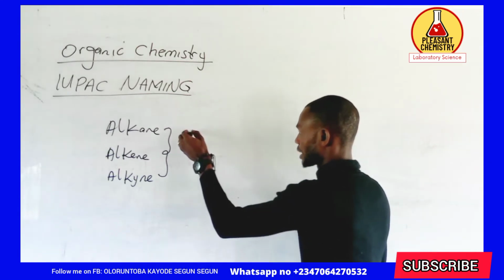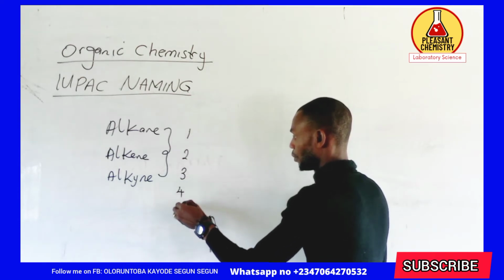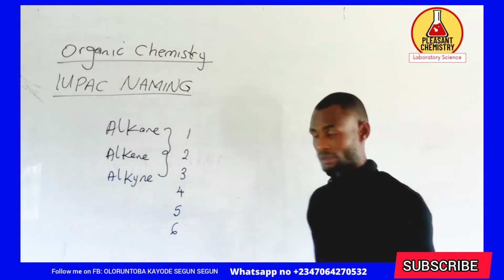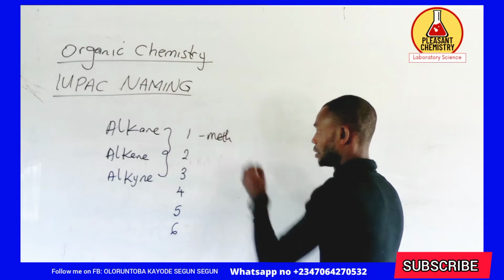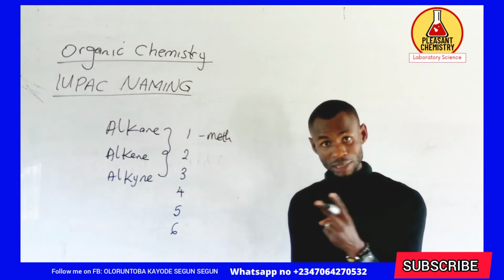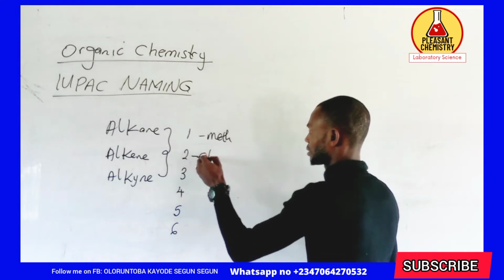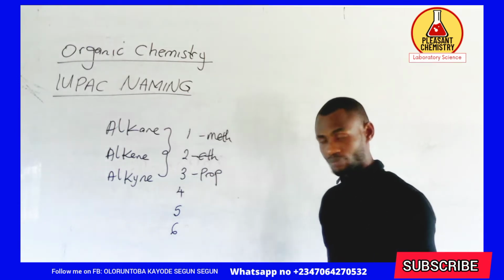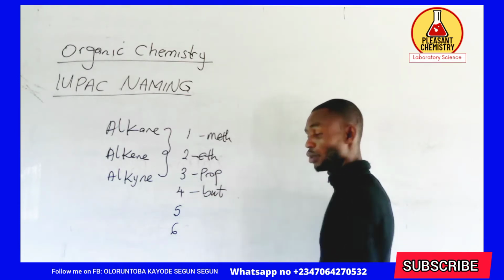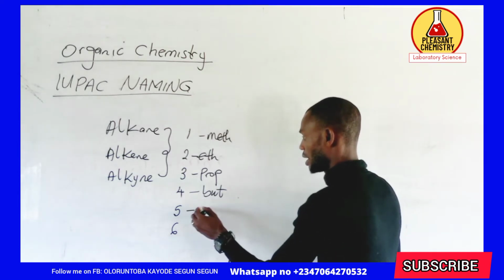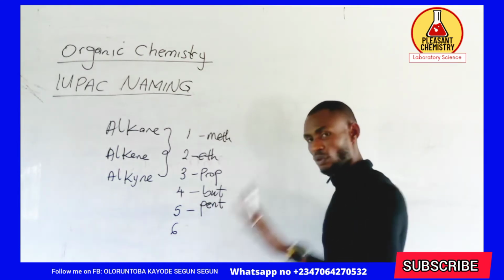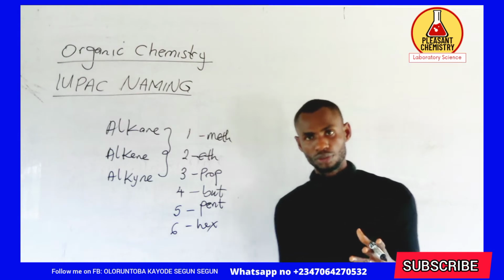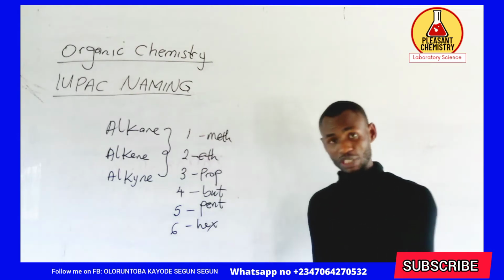If you have 1, 2, 3, 4, 5, 6 till 10: if the carbon is 1, we call it meth. If the carbon is 2 in an organic compound, we call it eth. Prop for 3, but for 4 carbons, and then pent for 5 carbons, and then hex for 6 carbons. So now these are the root words. Are you with me? These are the root words.